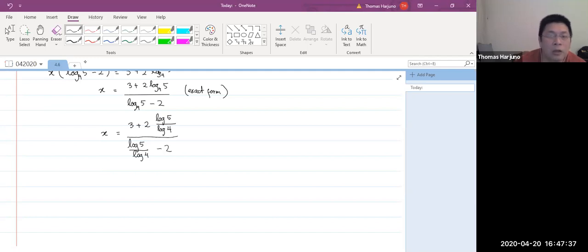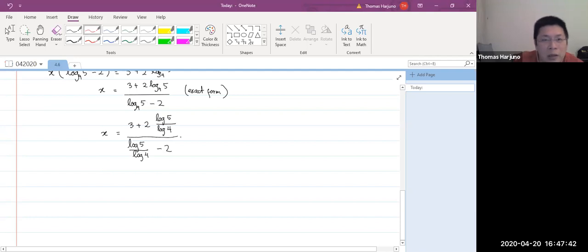Okay, from here, if you want to use a calculator, go ahead. But if I were you, I will simplify that a little bit. I will multiply by log base 10 of 4, and to get the next stage, 3 log 4 plus 2 log 5 over log 5 minus 2 log 4.